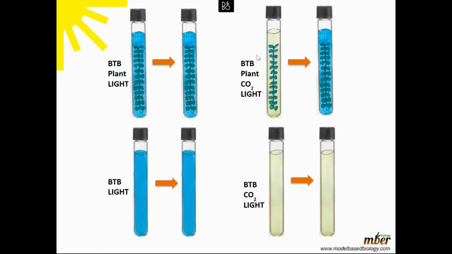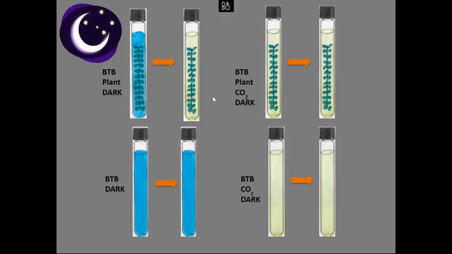And then on the right-hand side, the solution was in carbon dioxide, so it was green or yellow. They blew bubbles into it, then put the plant into it, and wanted to see what would happen. Hopefully you learned that plants give off oxygen, so it turned the solution blue. And this was in light.